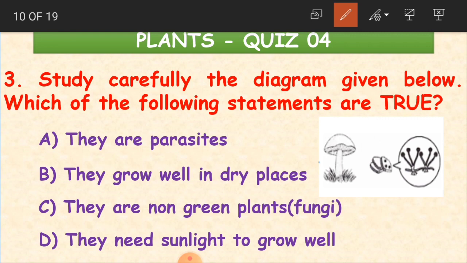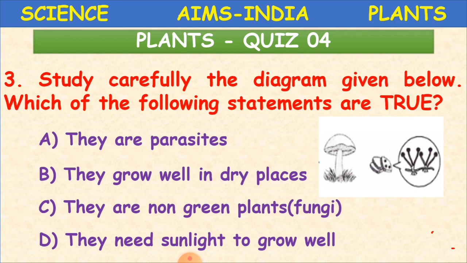They grow well in dry places. They are non-green plants, that is fungi. They need sunlight to grow well. Which statement is true? What statement will be the correct one here? Yes, this is a non-green plant.